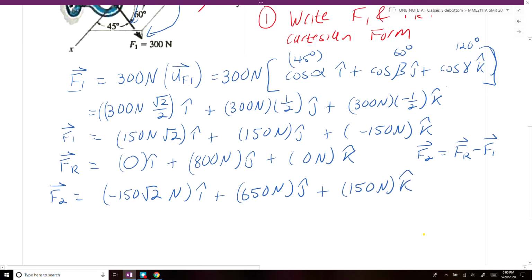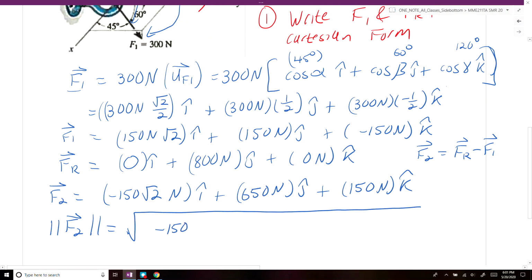Once we have force 2 in Cartesian form, we can calculate its magnitude by taking the square root of the sum of the x, y, and z components squared: minus 150 radical 2 squared, plus 650 newtons squared, plus 150 newtons squared. If we do all that out, we end up getting 700 newtons for the magnitude of F2.